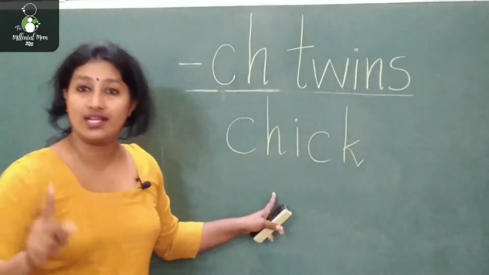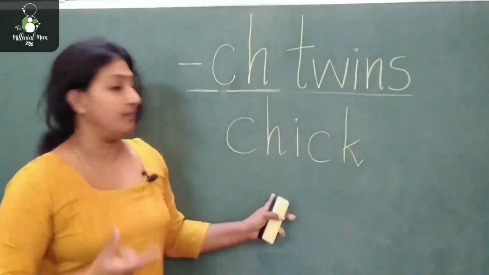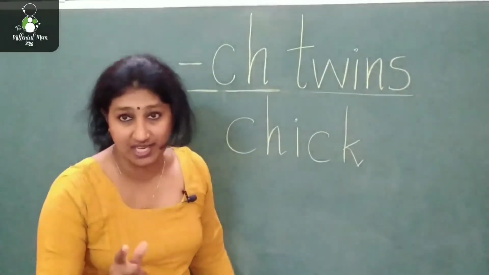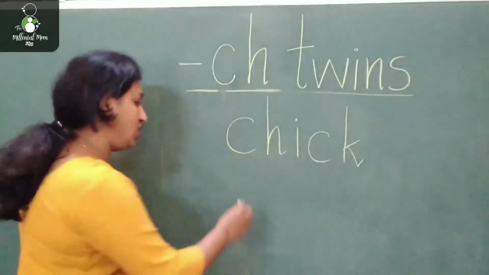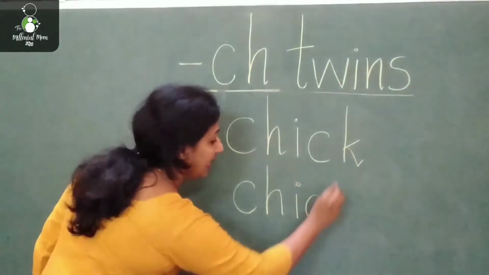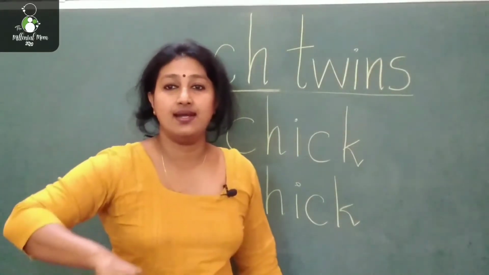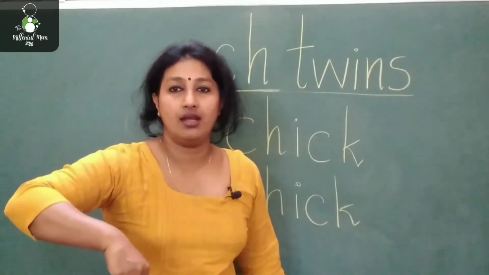So now how will you write the word chicken? How can you learn the spelling of chicken? First you should know the spelling of chick. അത് നമുക്ക് ഓൾറെഡി അറിയാം. So chick തന്നെ ഇങ്ങോട്ട് എഴുതുക. Chick. Ik. Ik is I-C-K. So chick.